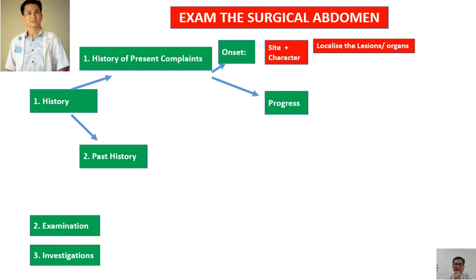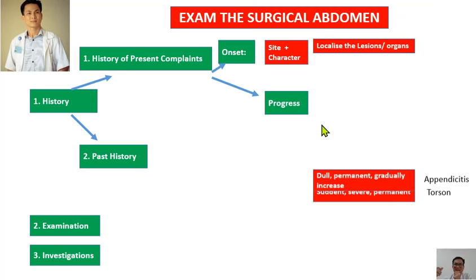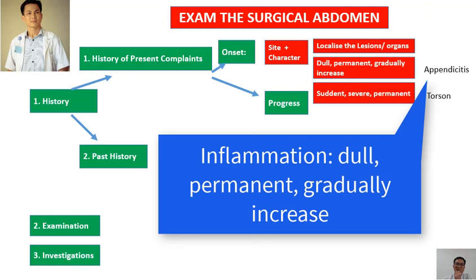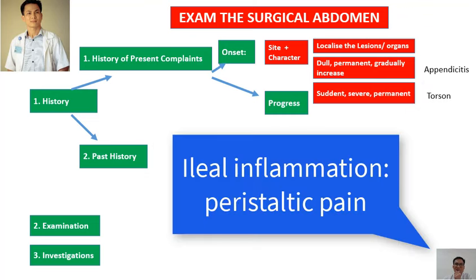Second, the location and characteristics. The location of pain and its characteristics should be analyzed together. For example, pain in the right iliac fossa that is localized, dull, continuous, and gradually increasing means inflammation, suggesting appendicitis, unless the pain is permanent or intermittent, suggesting ileal inflammation.